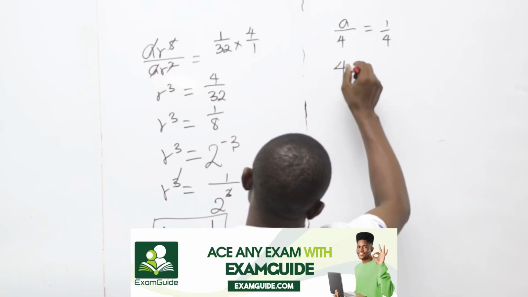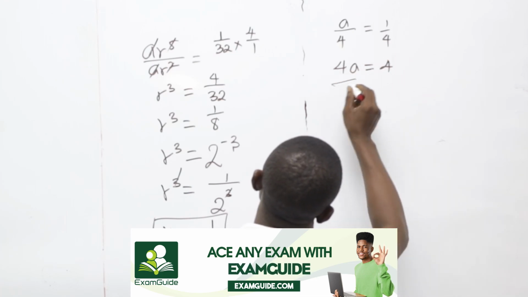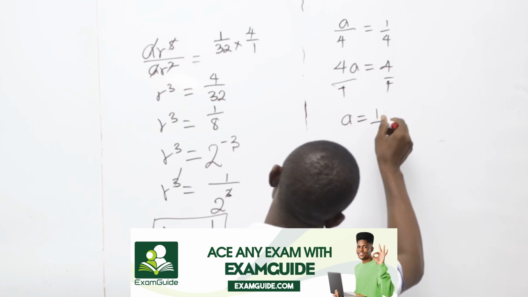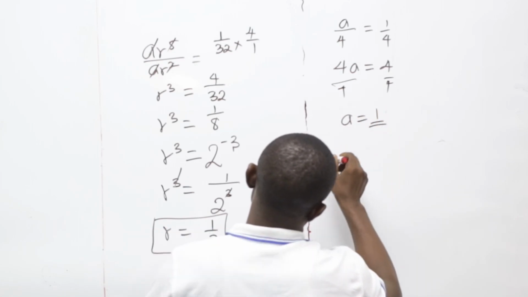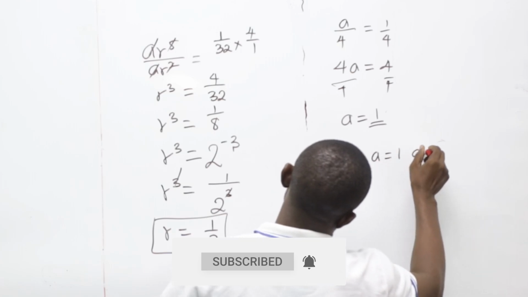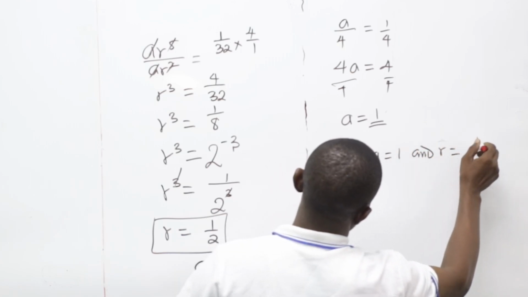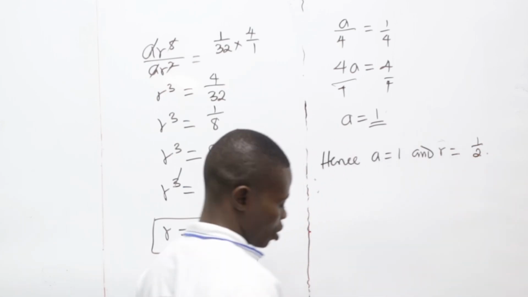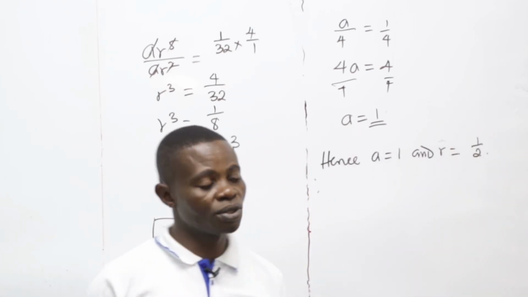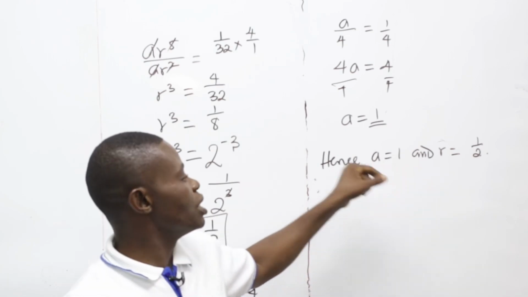When we cross multiply, we have 4A equals 4. Divide through. We now have that A equals what? 1. Hence, A equals 1 and R equals 1 all over 2. The common ratio for this GP is 1 all over 2, and its first term is 1.